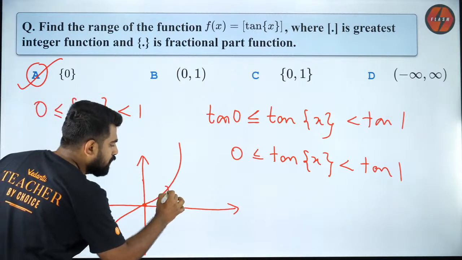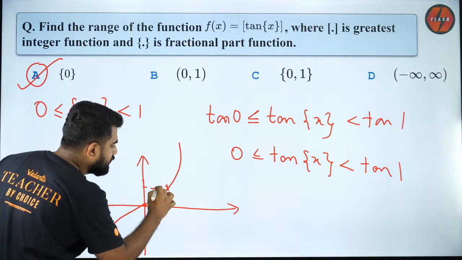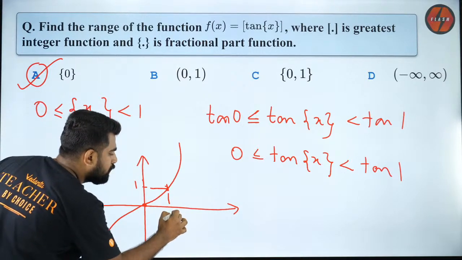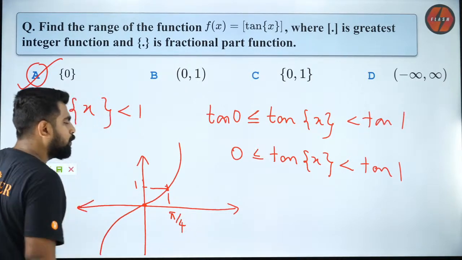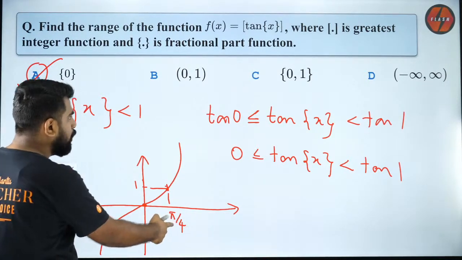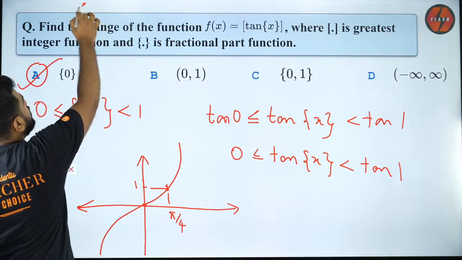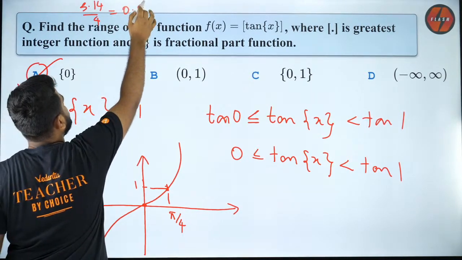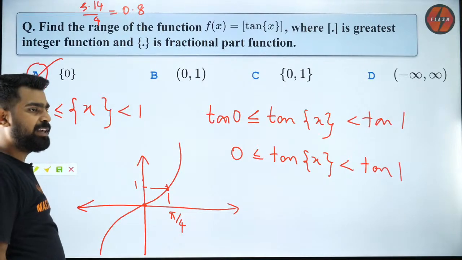Please understand, let's say it takes the value 1 at pi by 4, because we know tan pi by 4 is 1. And pi by 4 is 3.14 by 4, which is 0.8 something.